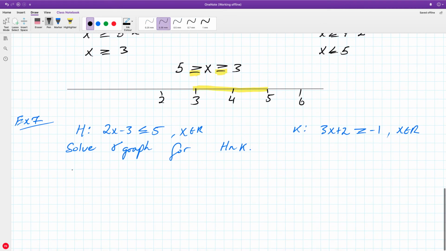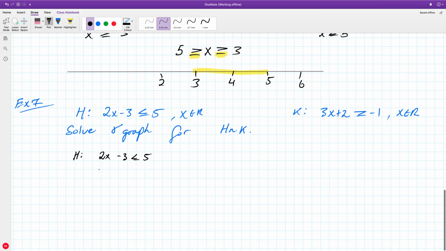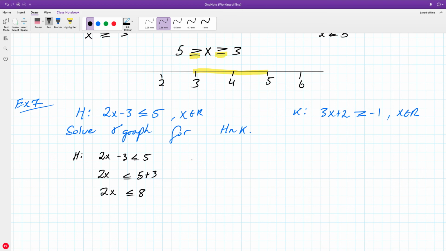Right, let's look at it. So, H, 2x minus 3 less than or equal to 5. 2x less than or equal to 5 plus 3. 2x less than or equal to 8. X divided across by 2. X is less than or equal to 4.